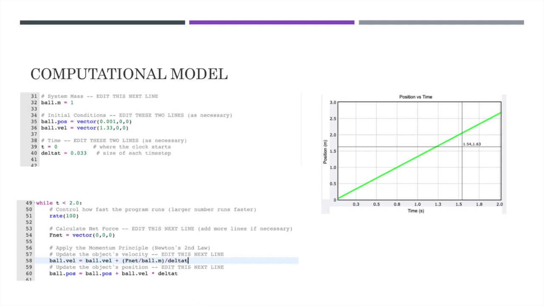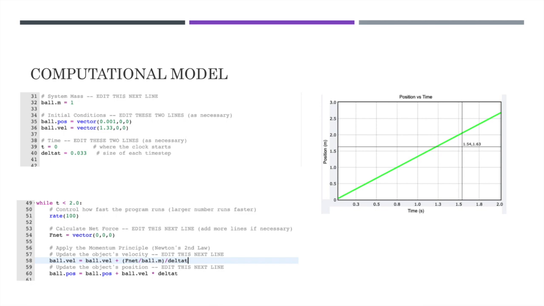The delta t I changed to 0.033, which is the increment of seconds that the time was stepping by. And the last bit of edits that I did was in the while loop, where I edited the velocity and position update formulas. And also the net force was set equal to 0 because that's what you want for constant motion.